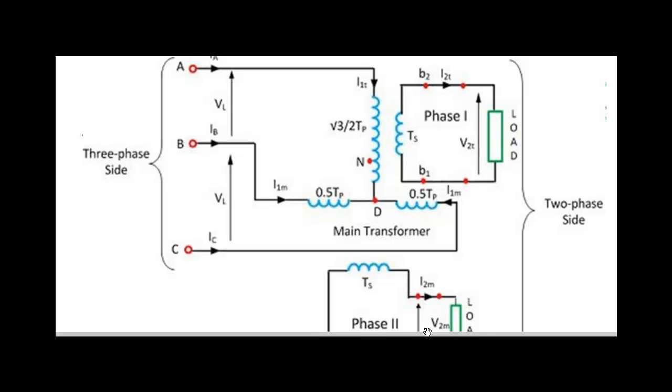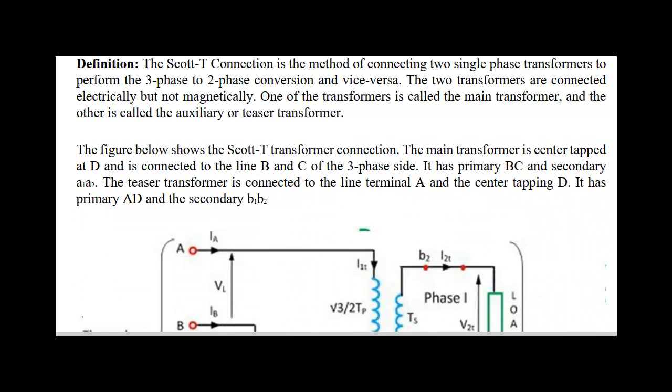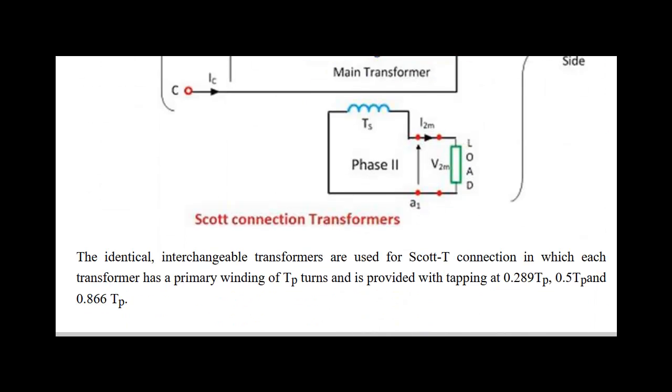The teaser transformer is connected between the line terminal A and the center tapping D. Its secondary terminals are B1 and B2. It has primary AD and secondary B1, B2.